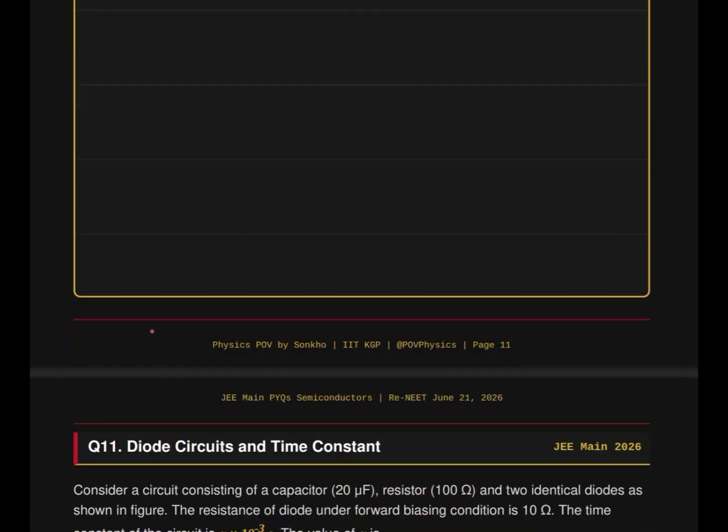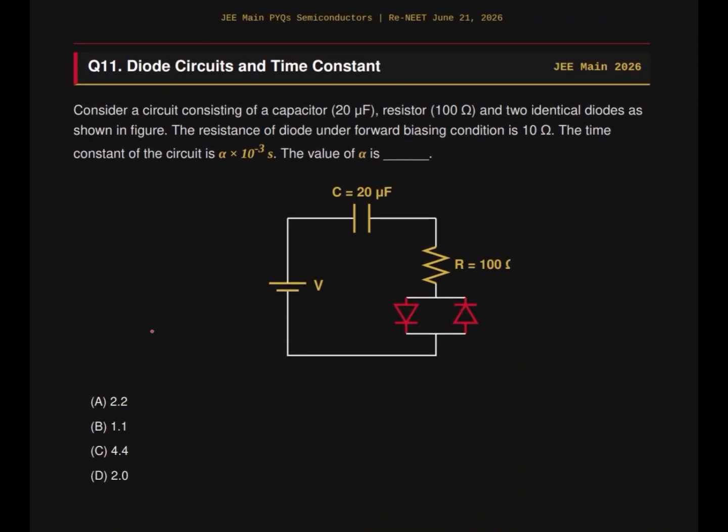Next, what do we have? We have a circuit with a capacitor of 20 microfarads, resistor of 100 ohms, and two diodes as shown in the figure. The resistance of the diode under forward biasing is 10 ohms, right? And the time constant of the circuit is this. We need alpha. So we need the time constant, right? Time constant, as we know, for a single resistance and single capacitor system is RC. But we need the effective R, right?